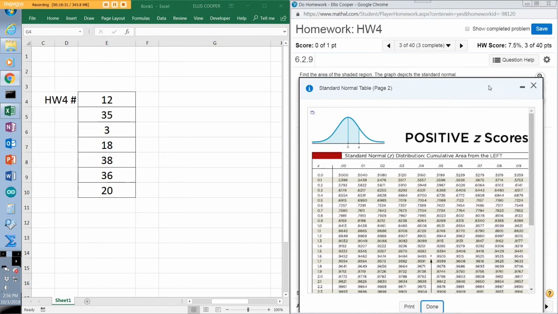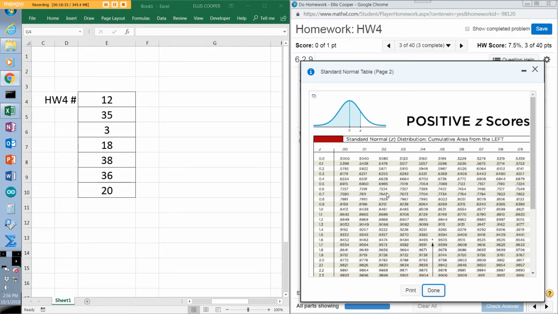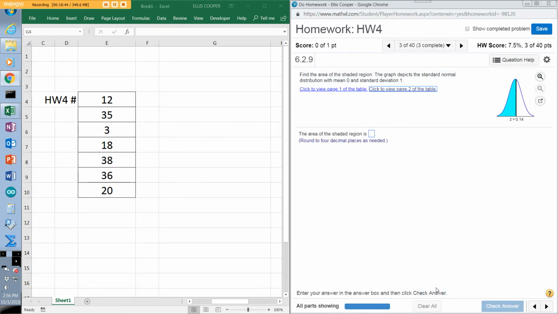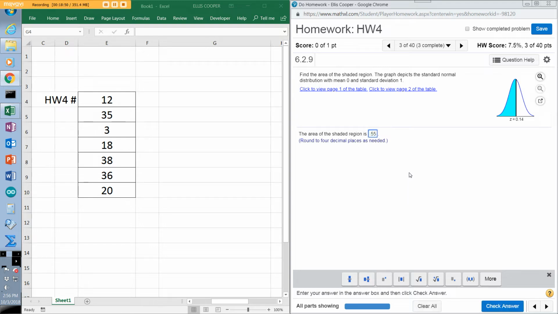We have a 0.14, right? So here's a 0.1, and we go to the hundredths column as 0.04. So it's 0.5557. Let's see if that comes out. Okay, it is a left tail. Okay, 555, what did I say, 7?